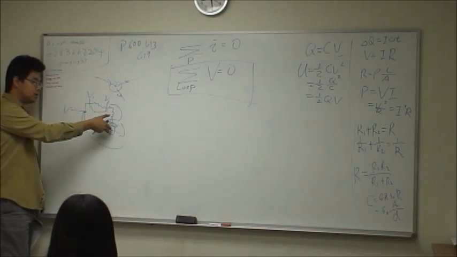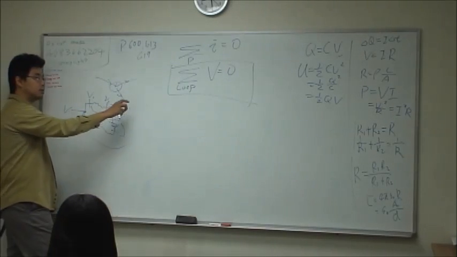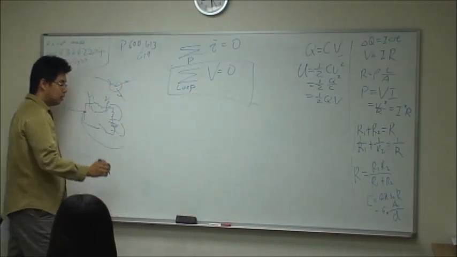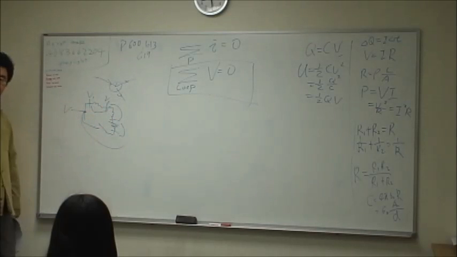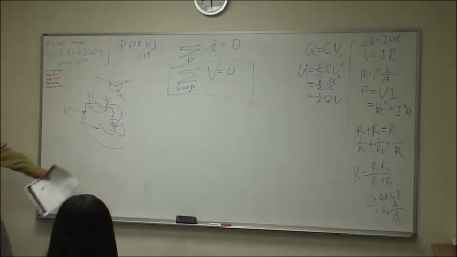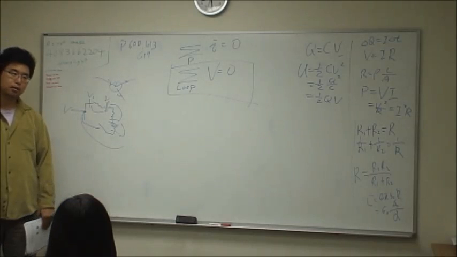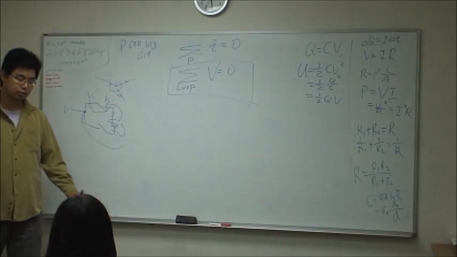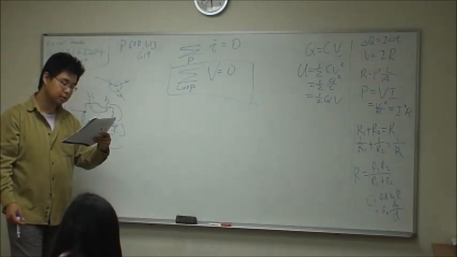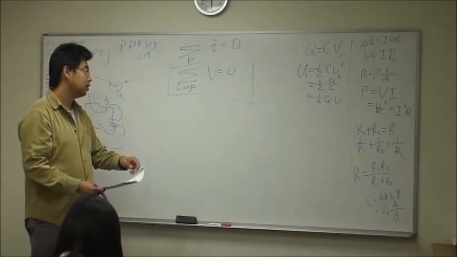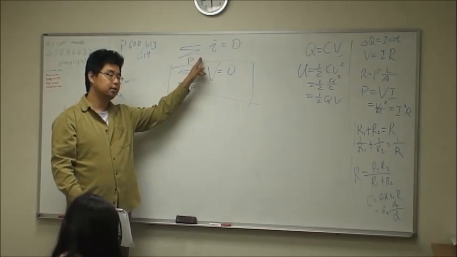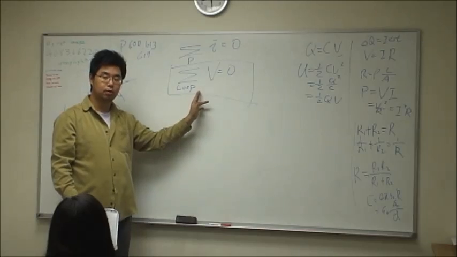It means I sum this one, this one, this one, and at the end it's 0, because I finish one loop. Okay? These are two equations due to Kirchhoff, I don't know how to spell it. You say it in English, Kirchhoff or whatever.